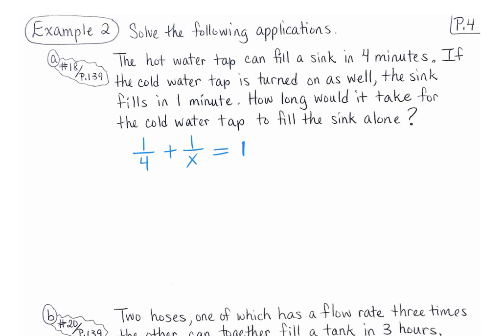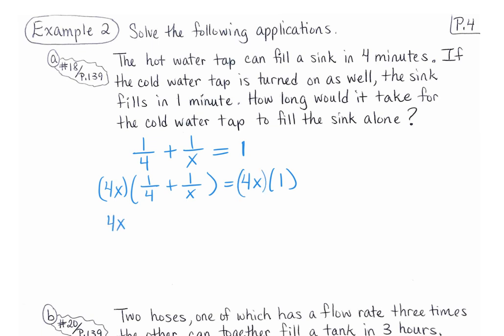What do we need to multiply everything by? 4 times x, yes. That spending the time on the other example was well worth it. So we're going to multiply everything by 4x.